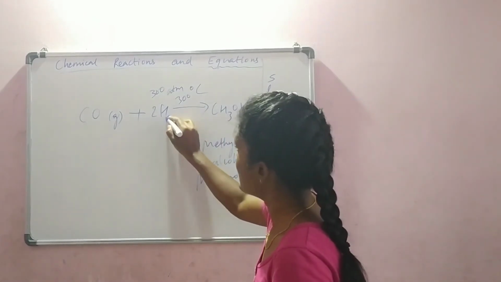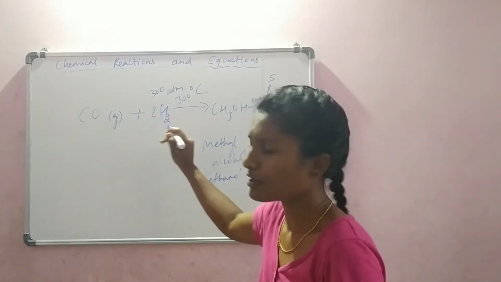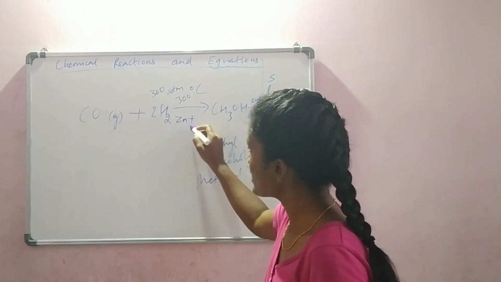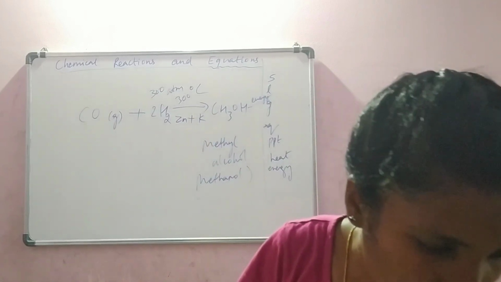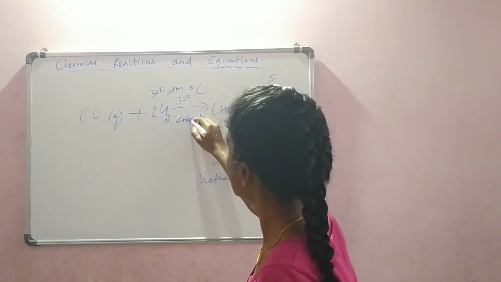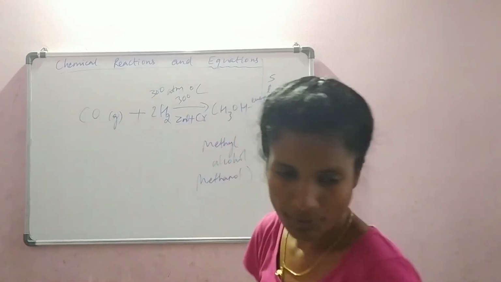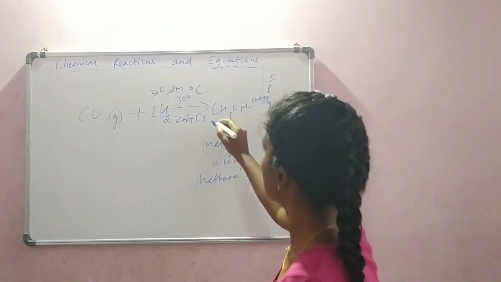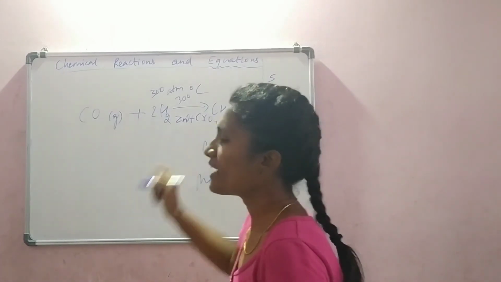And there is one more thing. We need a catalyst. All these are temperature and pressure. We need a catalyst, like we had chlorophyll and sunlight. What is that? Zinc oxide and chromium oxide, CrO3, right? These two are catalysts.